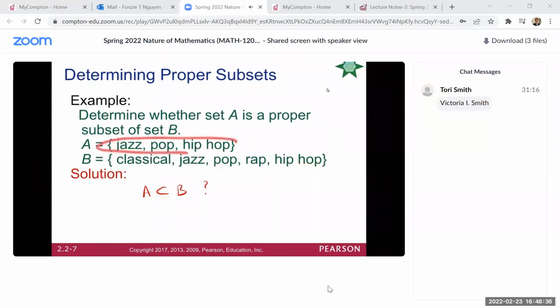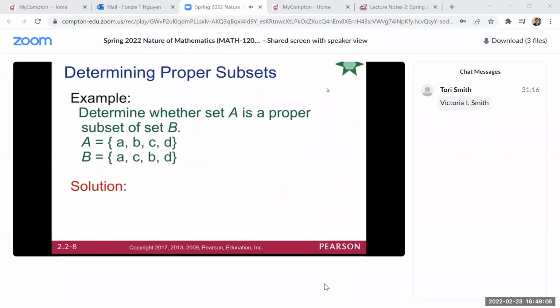So do you guys agree that A is a proper subset of B then? Because they're all in there. All of these are in set B. But the other way around, that would be a no, because classical is not in A. Classical. Yeah. Okay. So that's that.